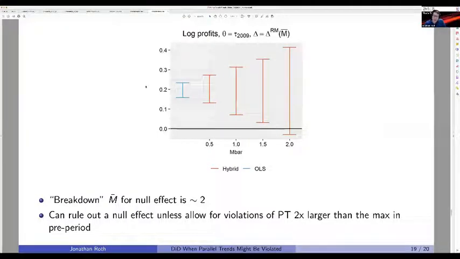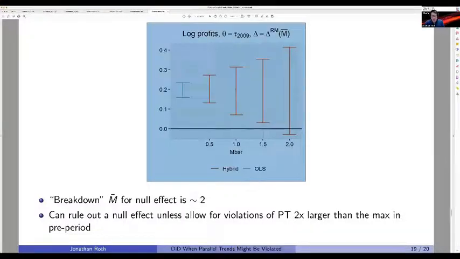Here we're doing a sensitivity analysis for the effect in the first year after the reform. In blue, I have the usual confidence interval from OLS that assumes that parallel trends holds exactly. And in red are our robust confidence intervals under the assumption that the post-treatment violation of parallel trends is no more than this factor m bar times the maximal violation of parallel trends in the pre-treatment period.